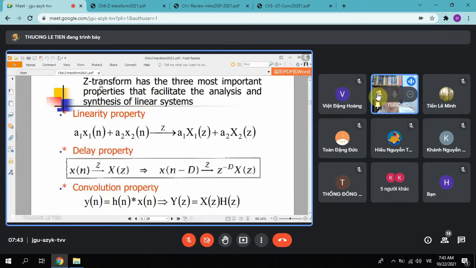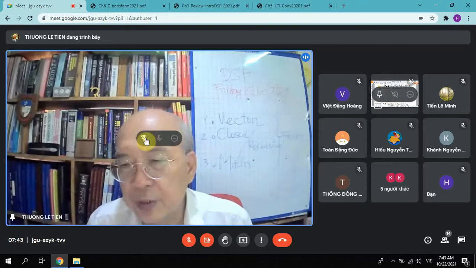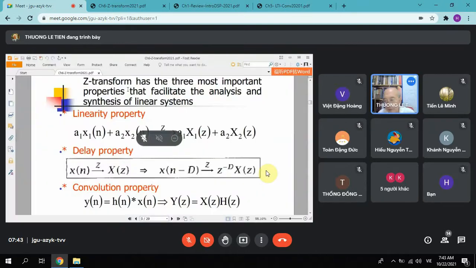Now, about the properties of the signal transformation, we have 3 most important properties, namely linearity, delay, and convolution properties. For the delay, when we write n minus d, that means in the z domain we multiply Z by z to the power of minus d.